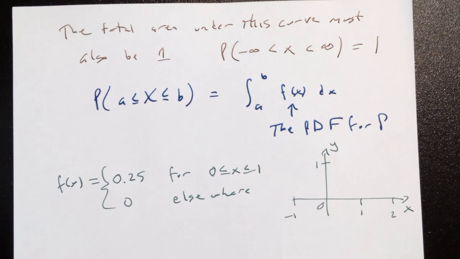What's this graph look like? A box from 0 to 1, and the height of that box is 0.25. Absolutely.